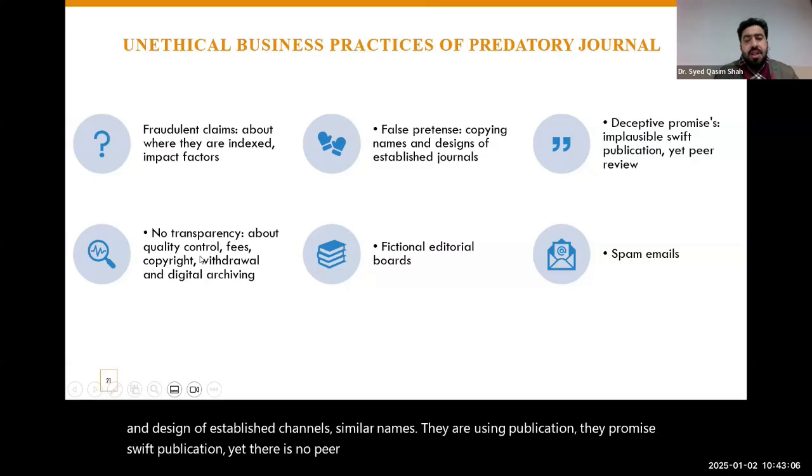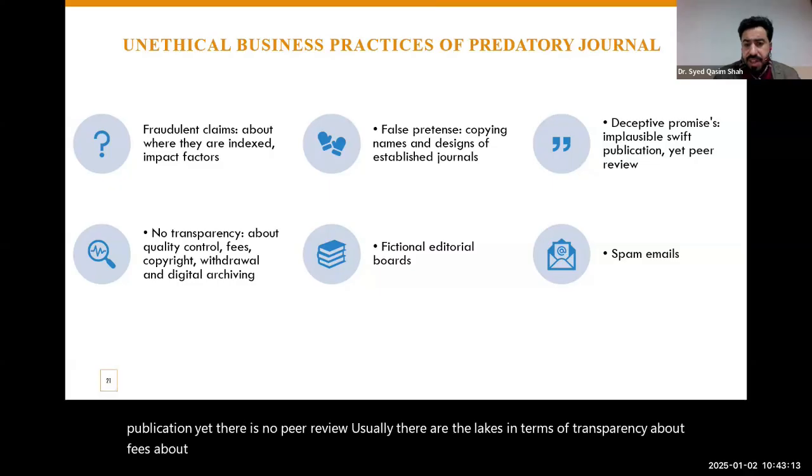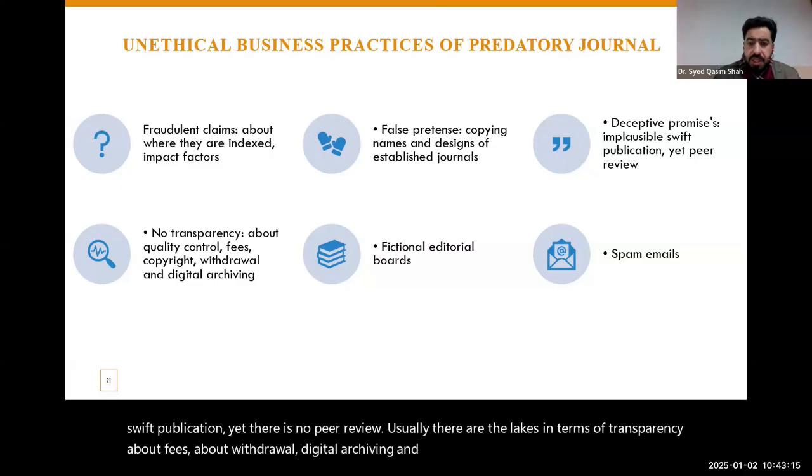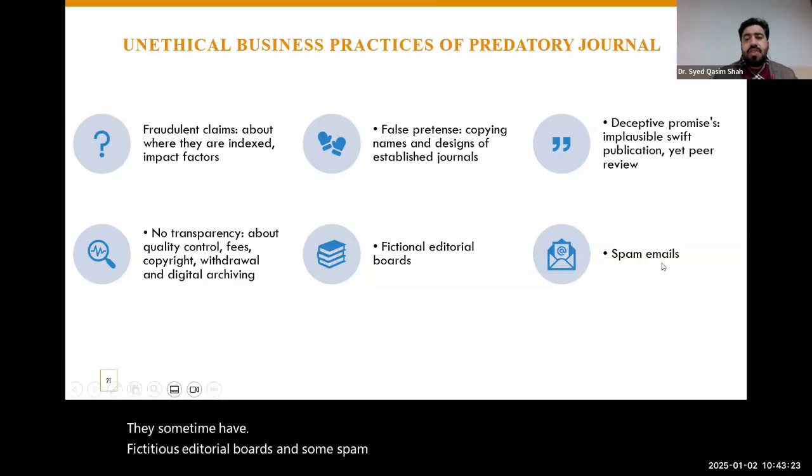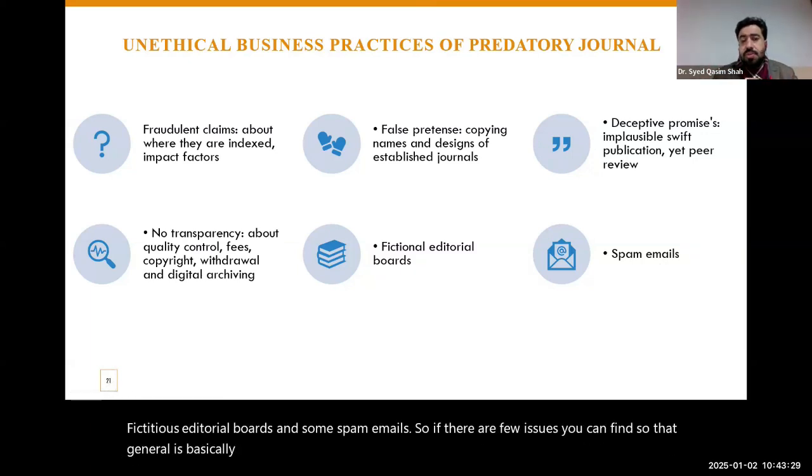There is a lack of transparency about fees, withdrawal, digital archiving, and other things. They sometimes have fictitious editorial boards and send spam emails. So if you can find a few of these issues, that journal is basically a predatory journal, and you must not submit your article to it.